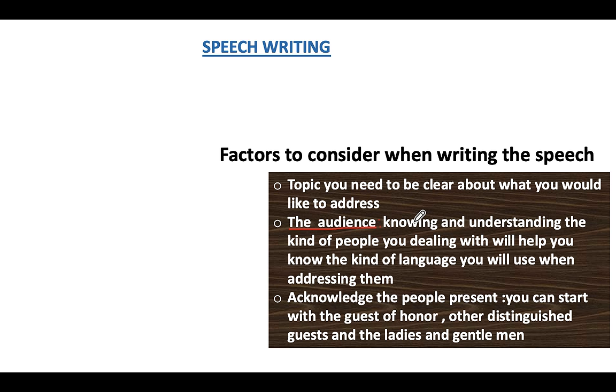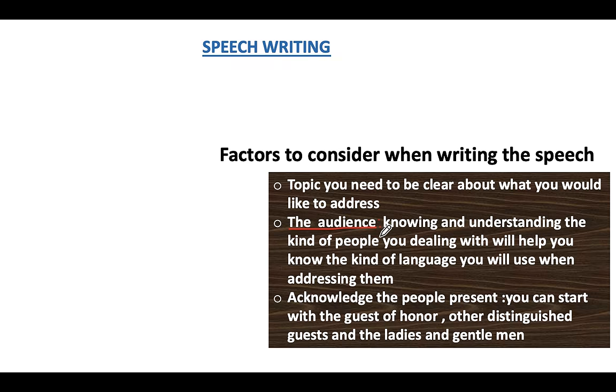If you are addressing children without anyone present who is a guest of honor, like for example, when the school is closing and you are the head teacher addressing the school, you say boys and girls. That is when you're addressing the pupils. So this points back to the audience. You have to understand the type of audience you are dealing with.